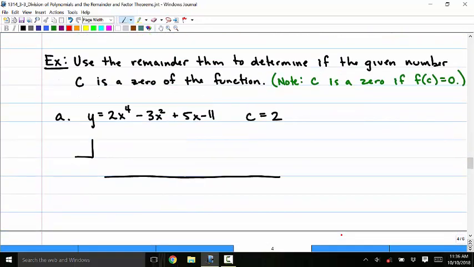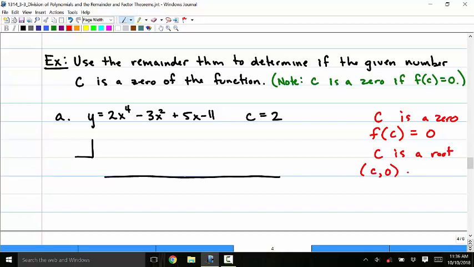Use the remainder theorem to determine if the given number c is a 0 of the function. So what does it mean to be a 0? c is a 0 if f of c equals 0. We also call c a root, and we say that c, 0 is an x-intercept, remember?